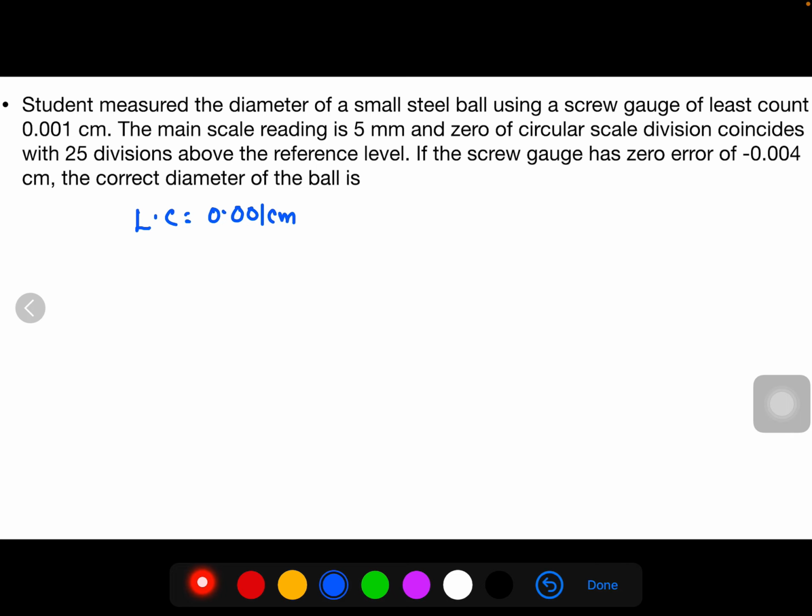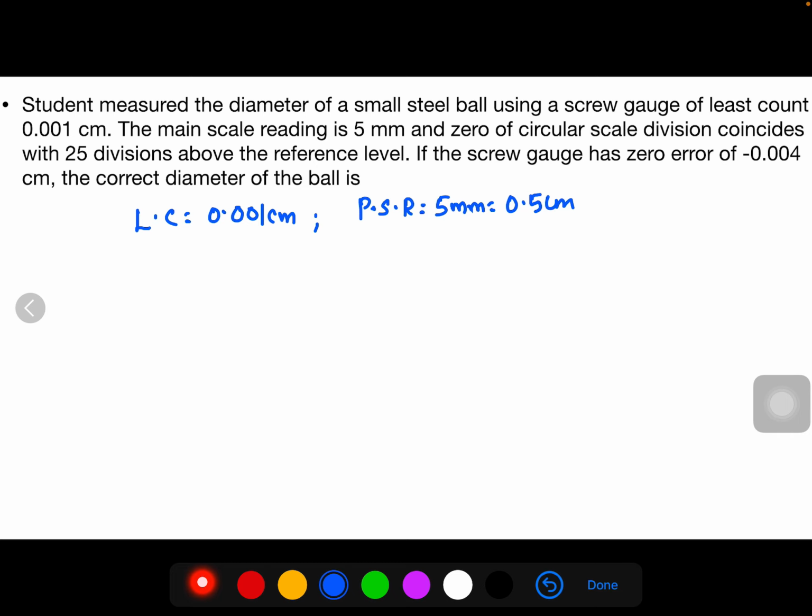The main scale reading is 5 millimeter. The main scale is also referred to as the pitch scale. In this case of screw gauge, the pitch scale reading is 5 millimeter, or you can write it as 0.5 centimeters.